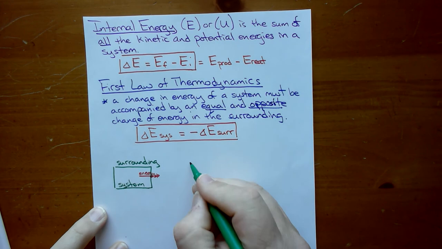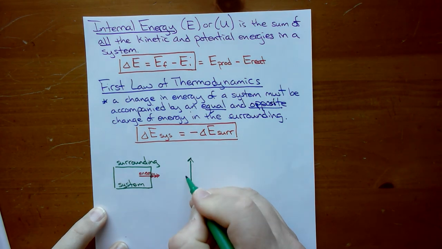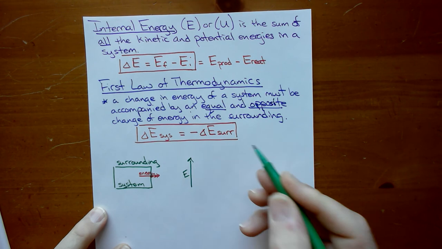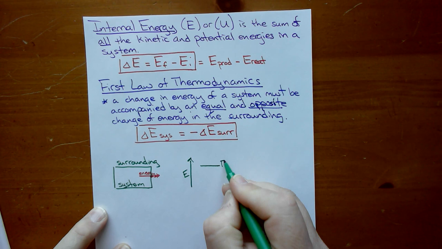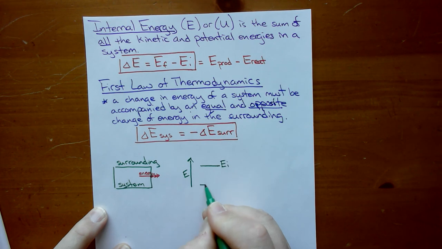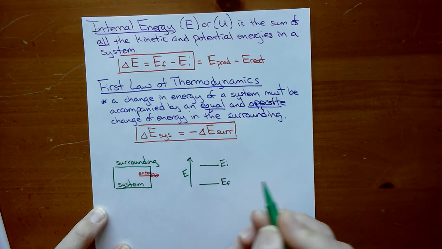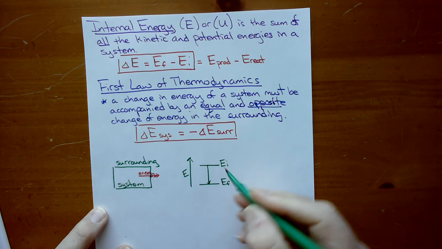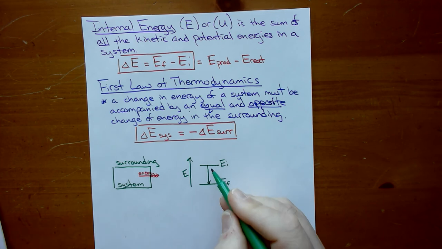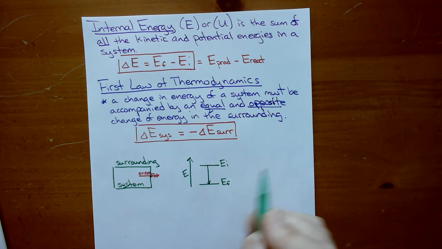Let's say this is energy increasing going up, okay? And let's say I start out with my initial energy, and then I have my final. Okay, and so as I lose energy in this direction, I have to release that energy. As I go down in energy, from a high to a low, energy's got to go somewhere.